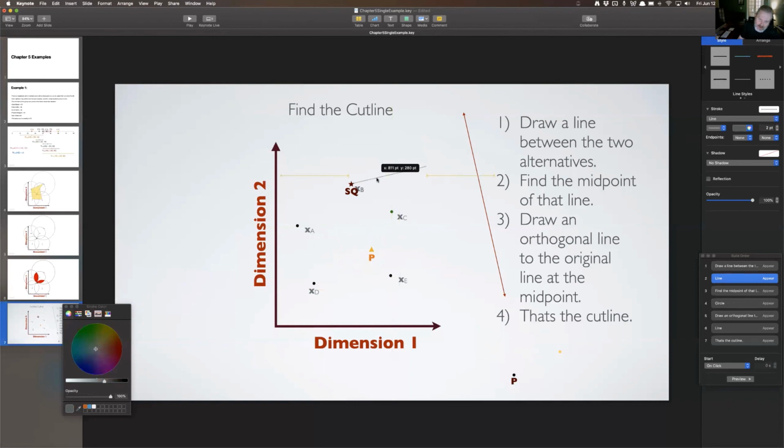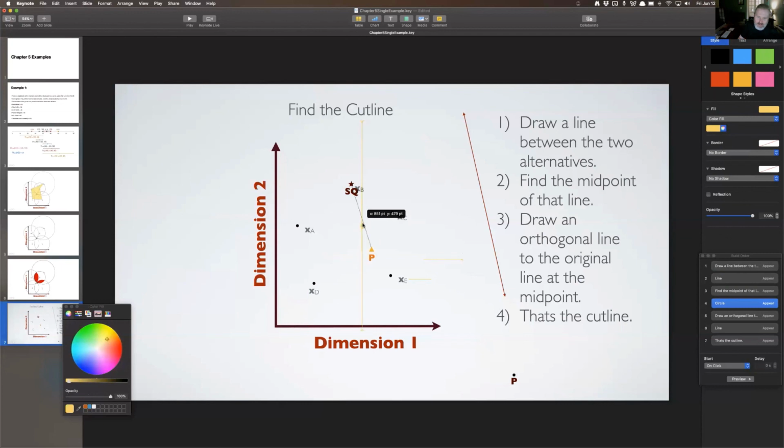All right. So to find the cut line, you draw a straight line between the two alternatives, and go halfway between them. You'll have to use your little midpoint formula.